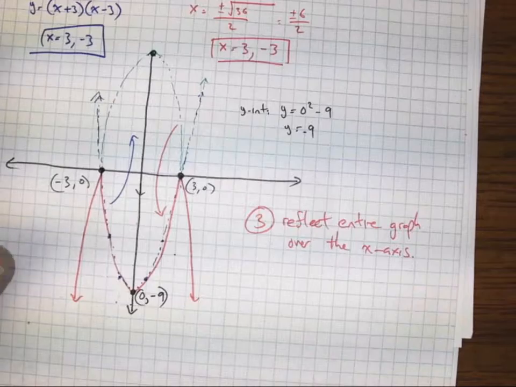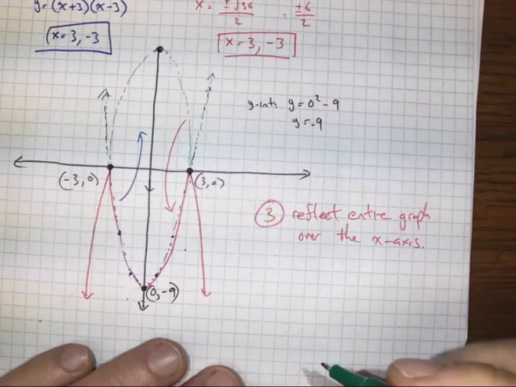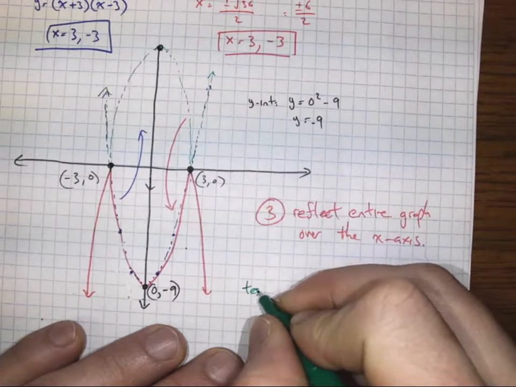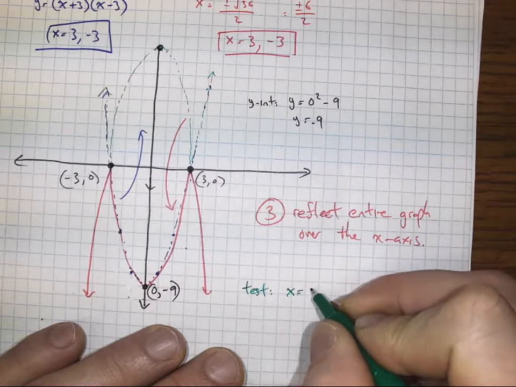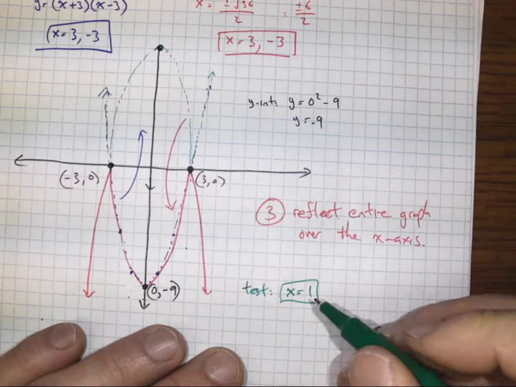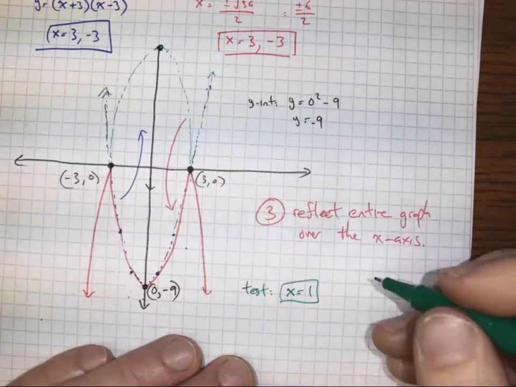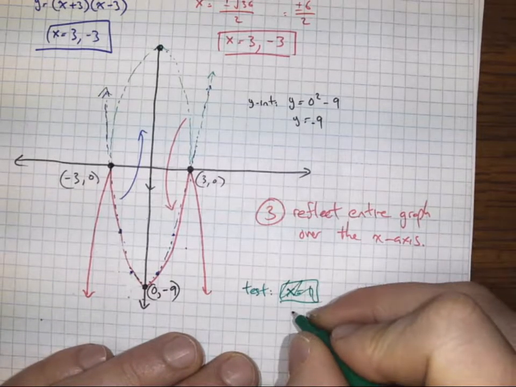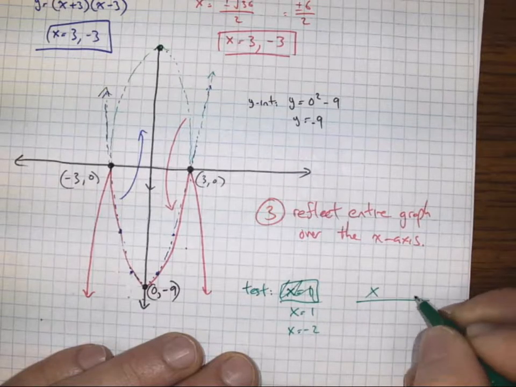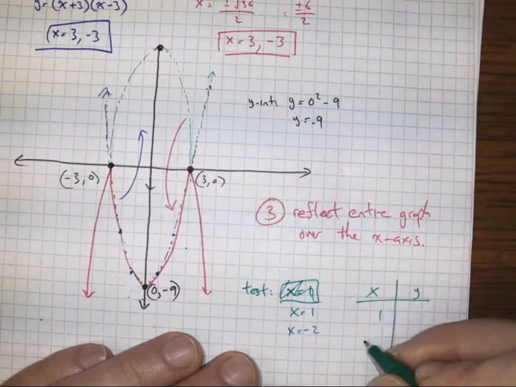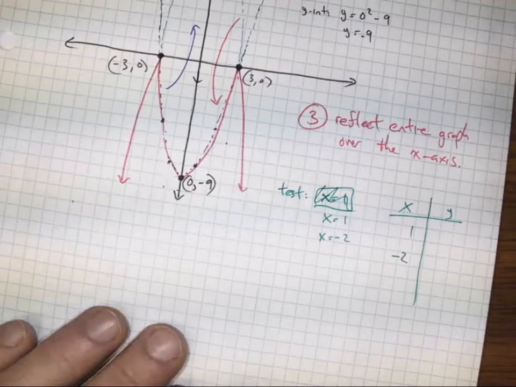All right, that was pretty funky. So maybe I'll test the point just to make sure. Maybe I'll test the point x equals 1. And we'll make sure that we get a point that makes sense. Well, maybe we'll try 2. Let's say x equals 1 and x equals negative 2. Let's see what happens.